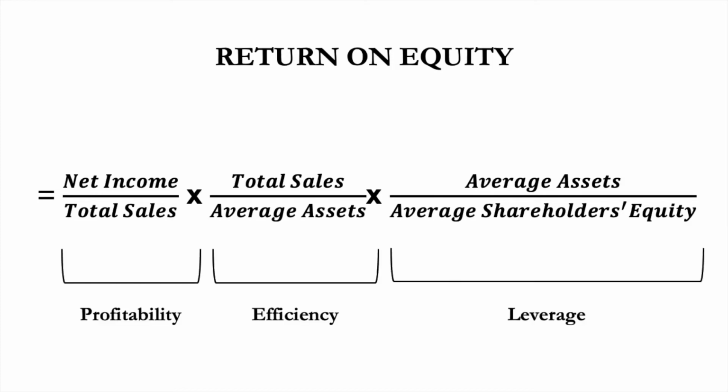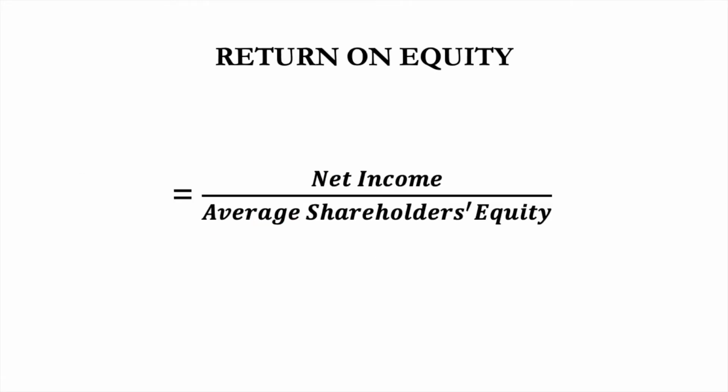And we end up with this giant formula, but we can cancel some things out because there are some values that are in the numerator that are also in the denominator, such as total sales and average assets, which, for example, is in the numerator of the leverage equation, and it's also in the denominator of the efficiency equation. So when we cancel all these things that can be canceled out, we end up with the simplified formula for return on equity, equal to net income divided by average shareholders' equity.